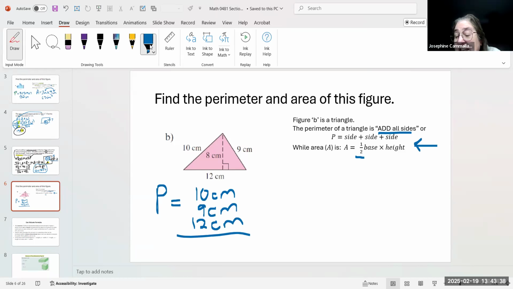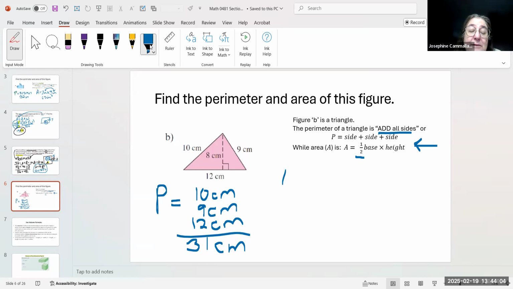It's not a side. Well, if I add this up, this will give me 31 centimeters. When I add, the increments stay the same, centimeters.